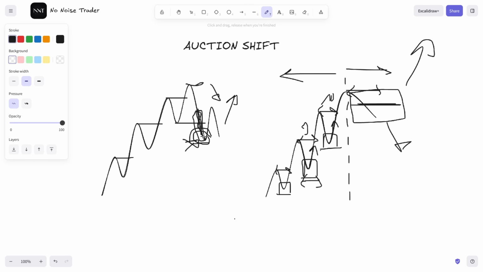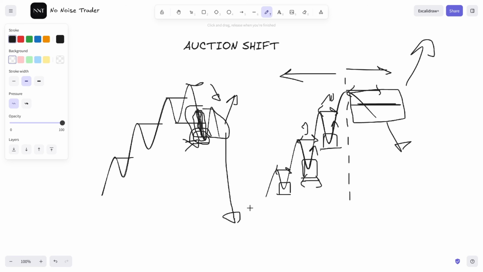This doesn't mean the next buyers or sellers will be dominant the same way they were dominant here, but we need to pay attention to this price because it is the best place to buy and ride the move.